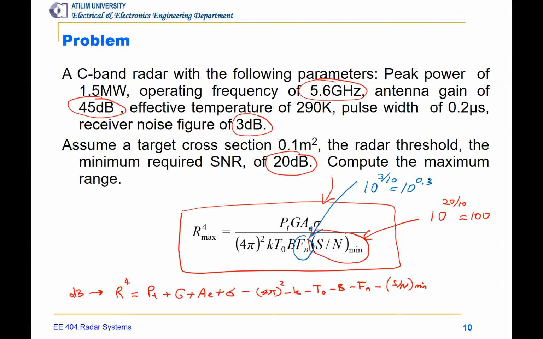So you have to insert in this equation 10 to the power 0.3. Okay, so you have to choose carefully whether you use all dB, or all numbers. If you mix them up, you will get trouble.